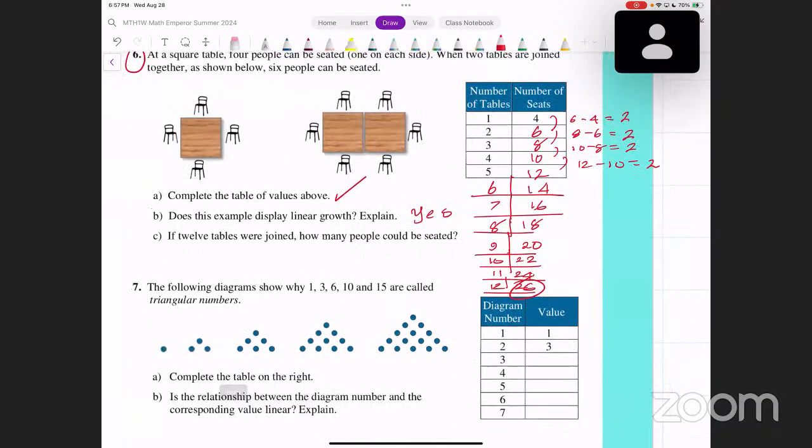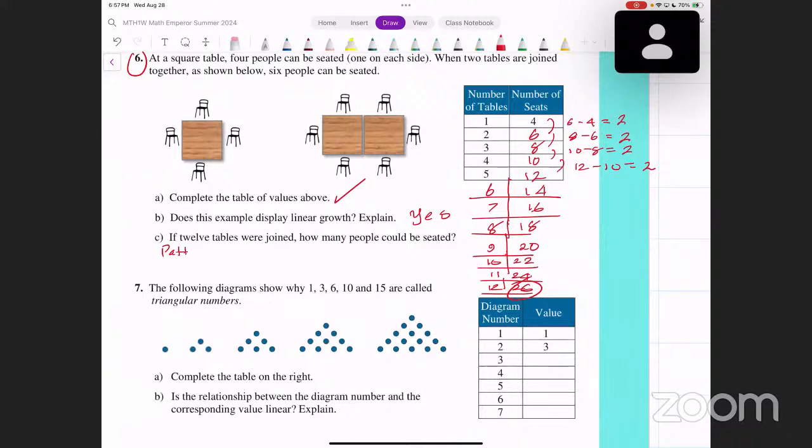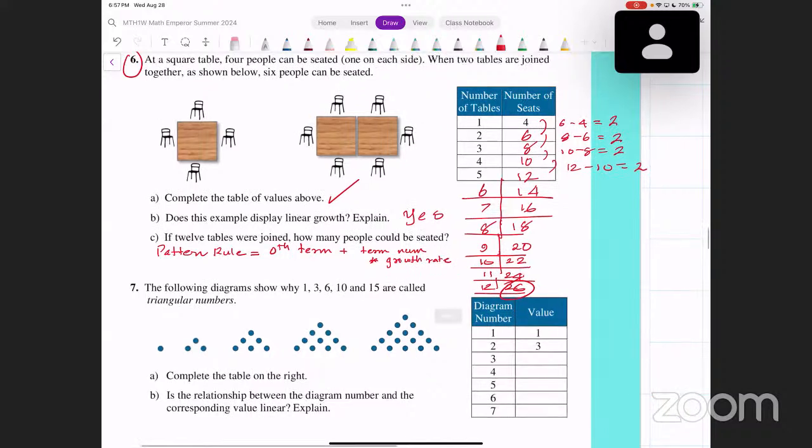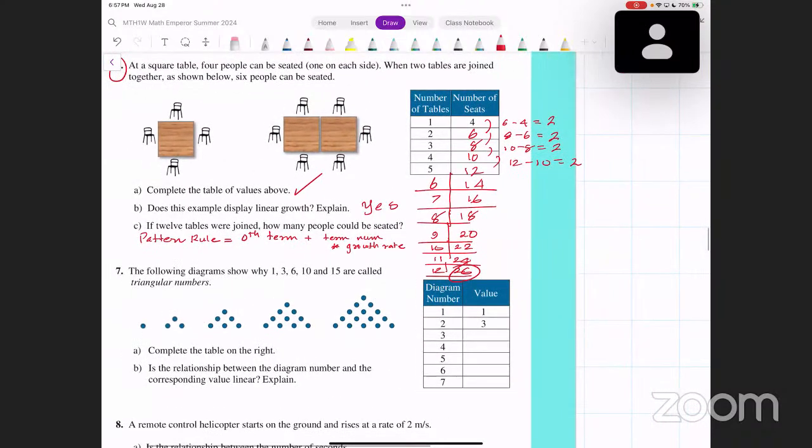The pattern rule says: zeroth term plus term number times the growth rate. This is called the pattern rule.